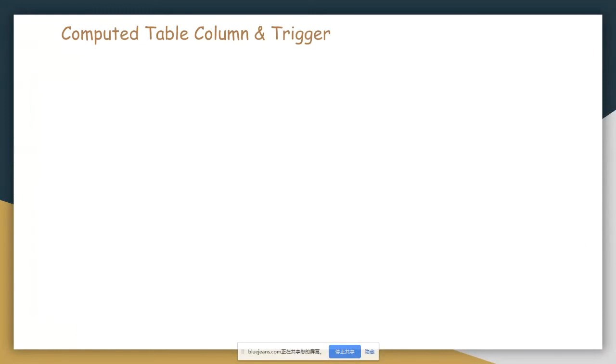Third, we have computed table columns, and we use triggers and these computed table columns to update the warehouse free area every time we insert a stock-in or stock-out value into the database.